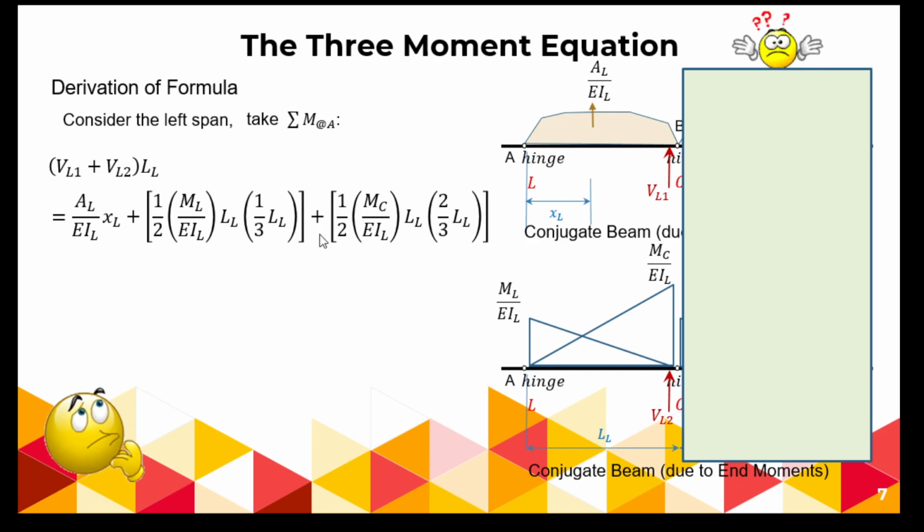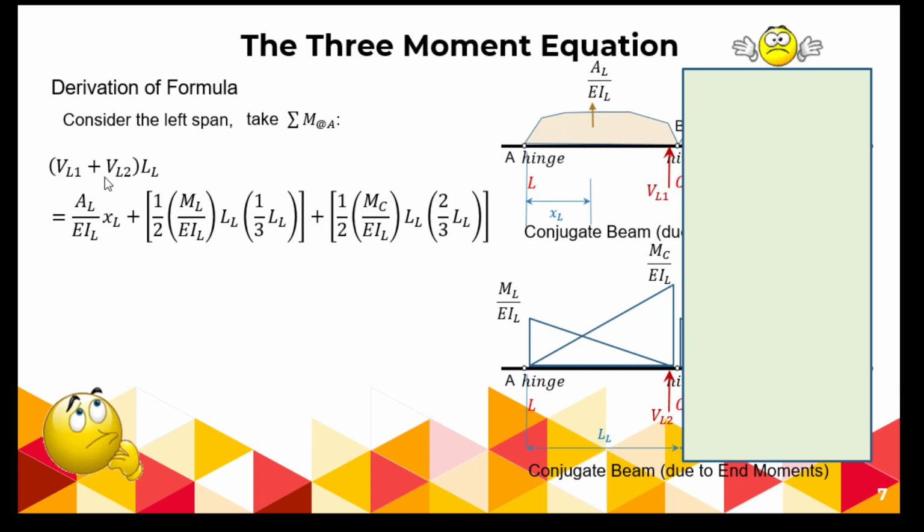But plus pagid. May isa pagid ka area. Area sang dako nga triangle. So, ang area sang triangle, MC sang center, moment sa center, over EI times the span man nga length. Of course, ang iya nga centroid from A. Kay nagkuha kita sang moment at A. So, you are rotating all the areas with reference to point A or around A. Now, let's check.